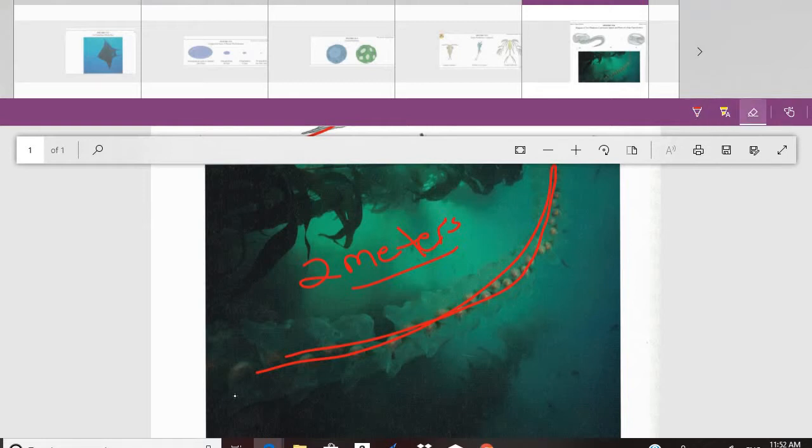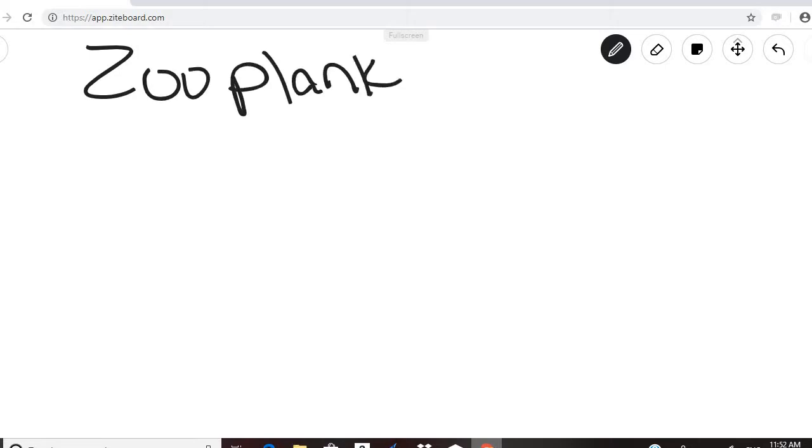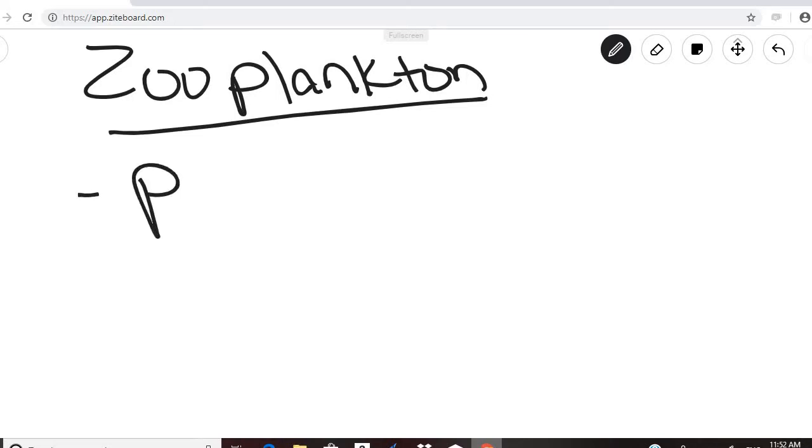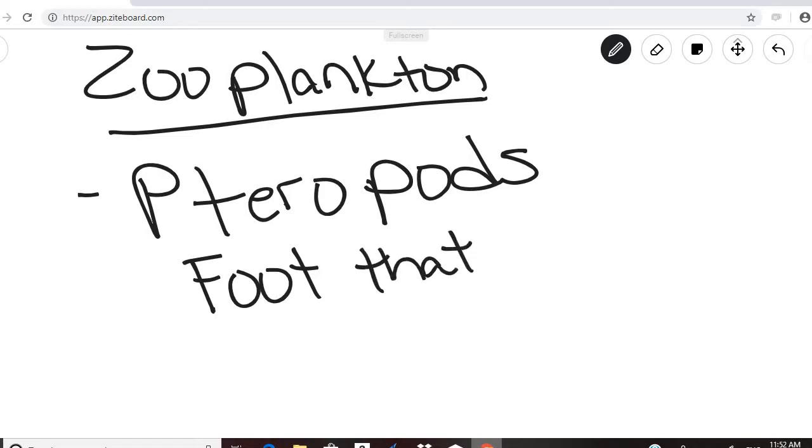Another organism, still talking about the zooplankton. Another organism that you will see that is zooplankton, so we're still talking about zooplankton in the epipelagic zone, are called pteropods. These organisms have a foot that looks and acts like a wing.